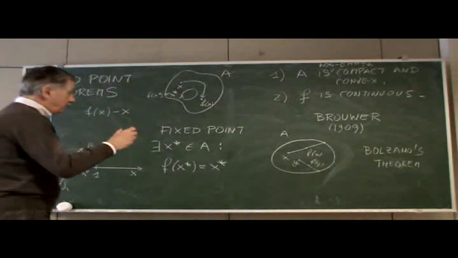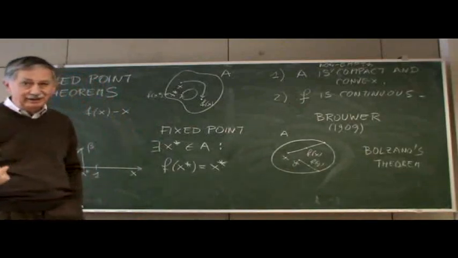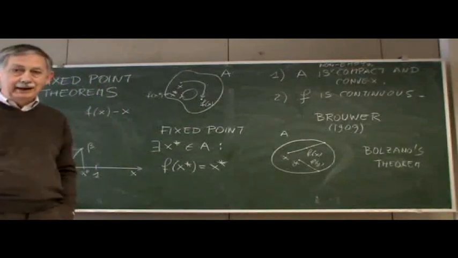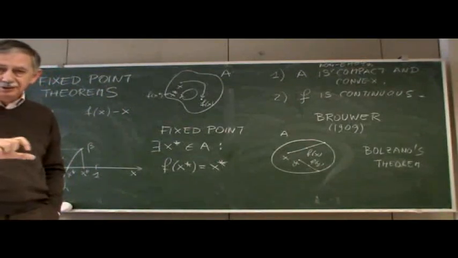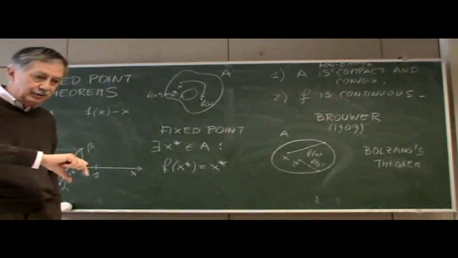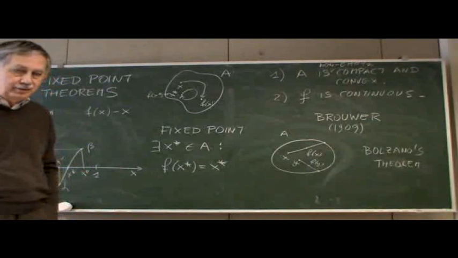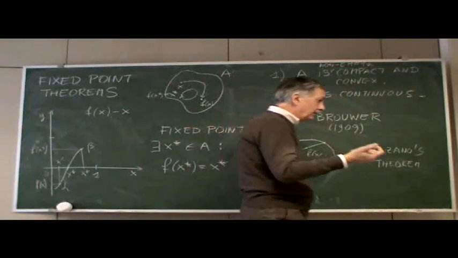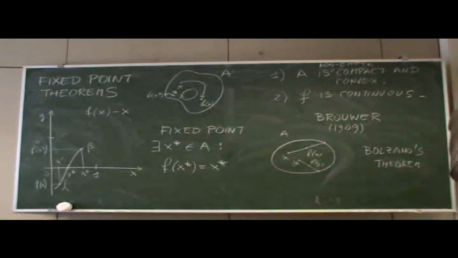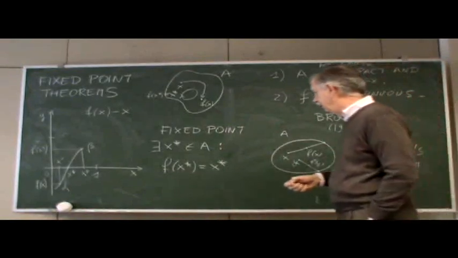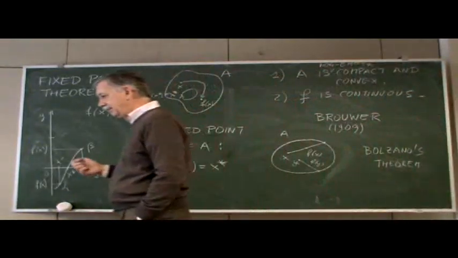But when you pass to an n-dimensional setting, many complications arise. It's not an obvious step passing from one-dimensional setting to a multi-dimensional setting. This is the reason why the theorem was so difficult to prove. However, this is the fixed point theorem by Brouwer.